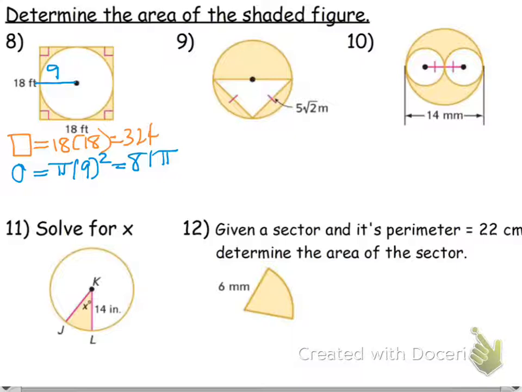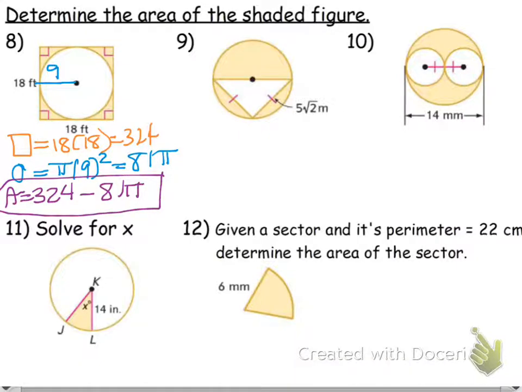And so our area of the shaded figure would be, I need to take the square, which is 324, and subtract out the circle, which is 81 pi. If we were asking for the decimal, then you could just type all that in, but if not, then you just keep it that way, which makes it really simple.